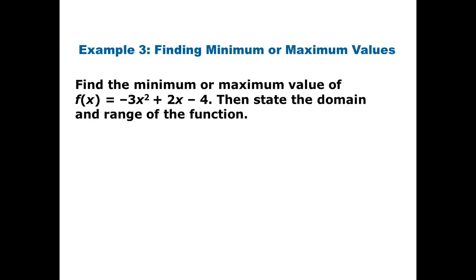Given the function f(x) equals negative 3x squared plus 2x minus 4, the coefficient of x squared is negative 3.